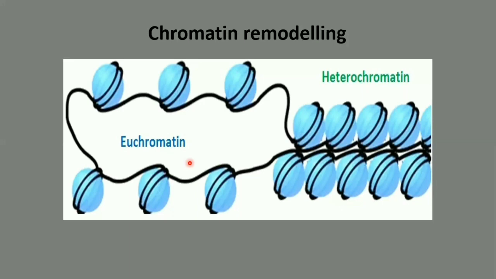Such a DNA is called active DNA or euchromatin. The DNA that is compact is not accessible to transcription, and transcription here is inactive, and it is called heterochromatin. So in euchromatin transcription is on, while in heterochromatin, as it is compact, transcription is off. Okay.